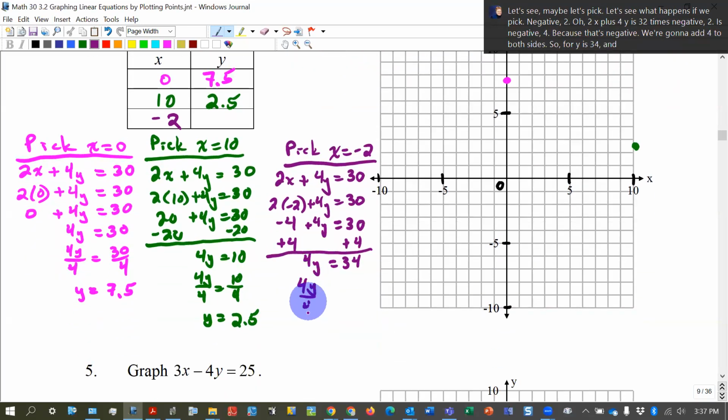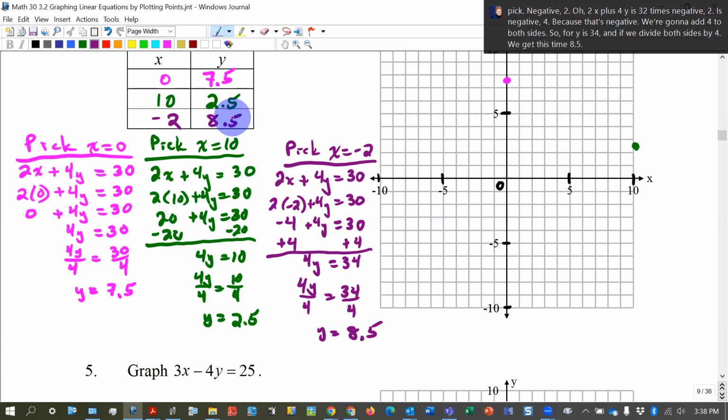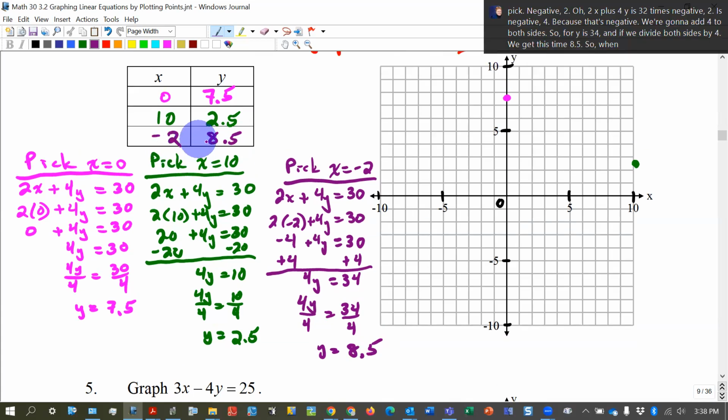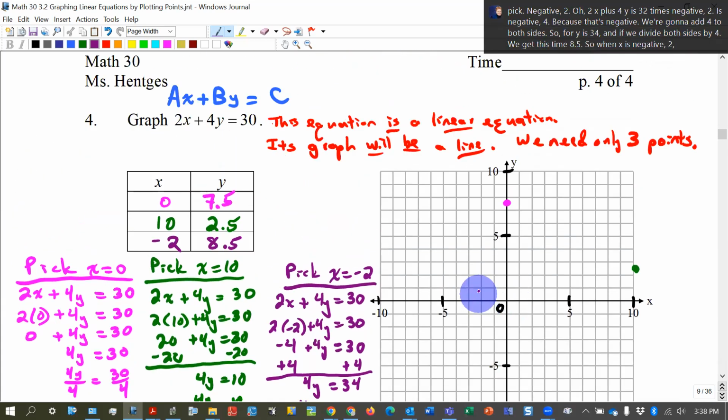And if we divide both sides by 4, we get this time 8.5. So when x is -2, y is 8.5.